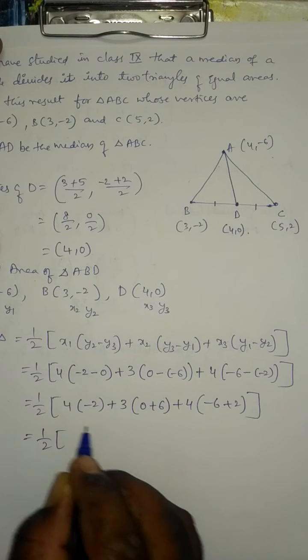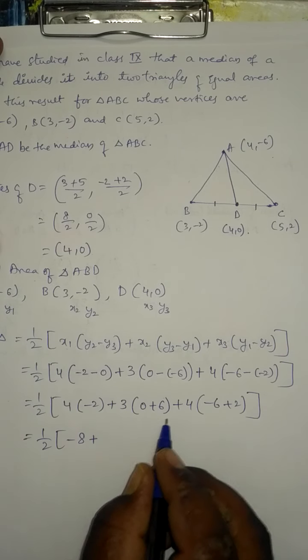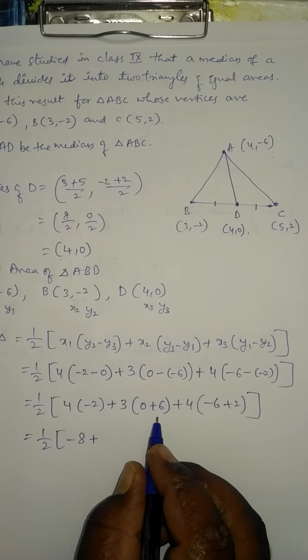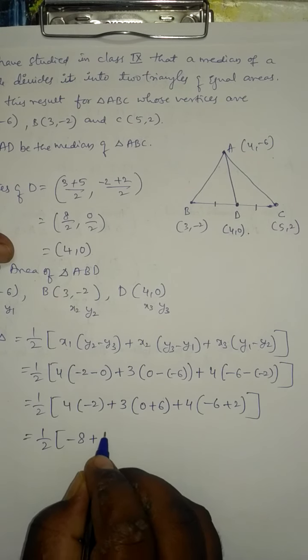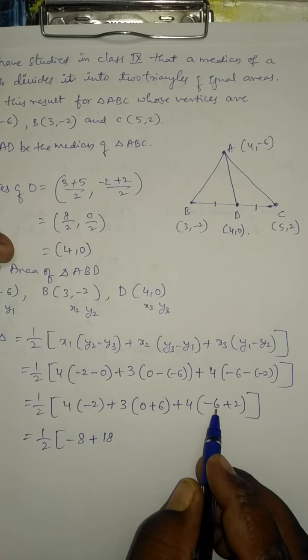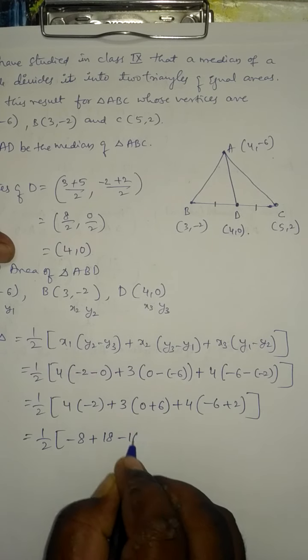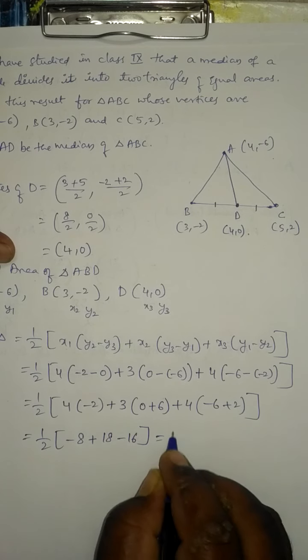Half into 4 into minus 2 is minus 8, plus 0, plus 6. 0 plus 6 is 6 only. 6 3s are 18. Here minus 6 plus 2 is minus 4. Minus 4 into plus 4 is minus 16. Now we have to solve this.